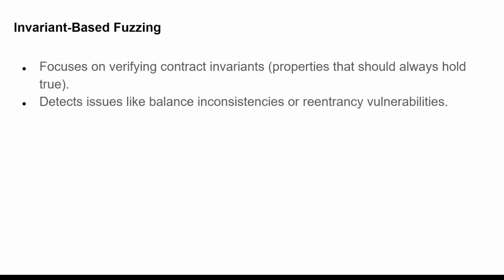With this technique you can find many issues, like balance inconsistency, reentrancy, denial of service, and most attack techniques. It also really shows you logic errors. So invariant-based fuzzing is very important and very good for securing your application.